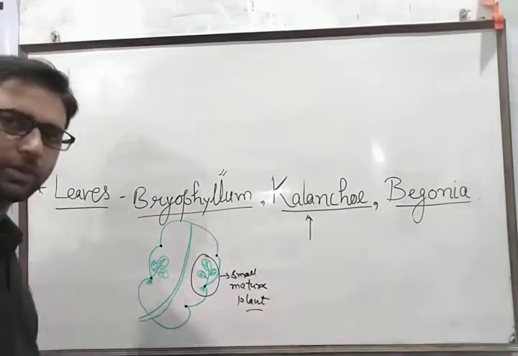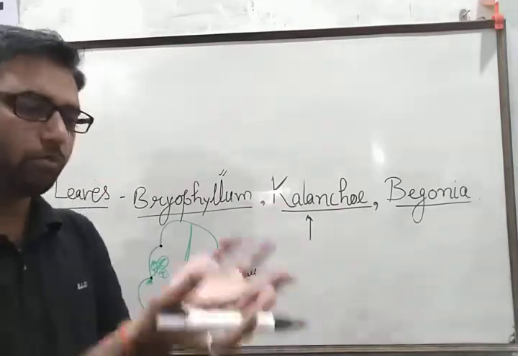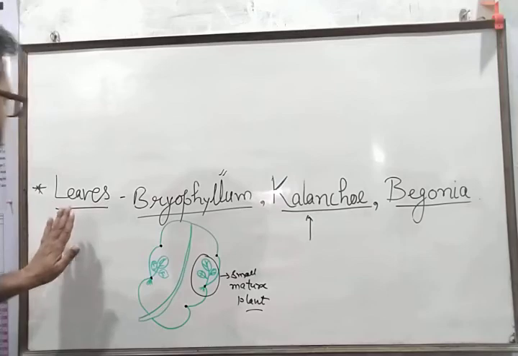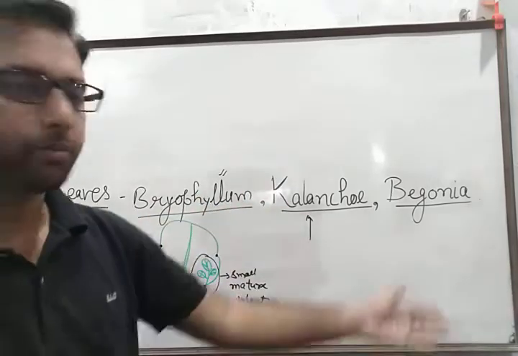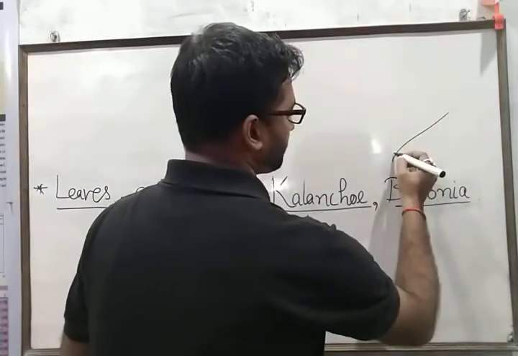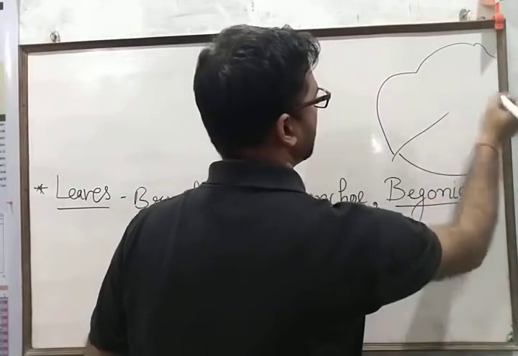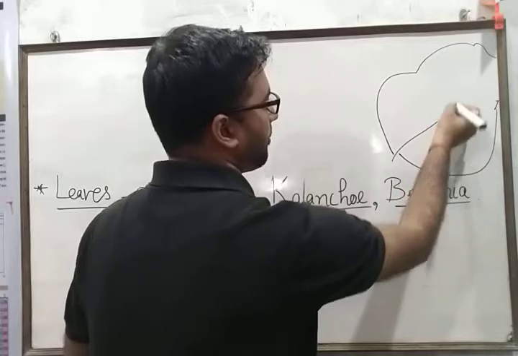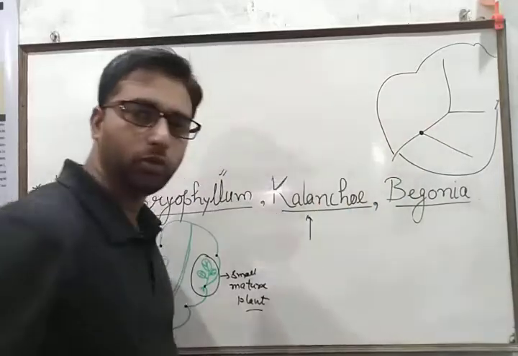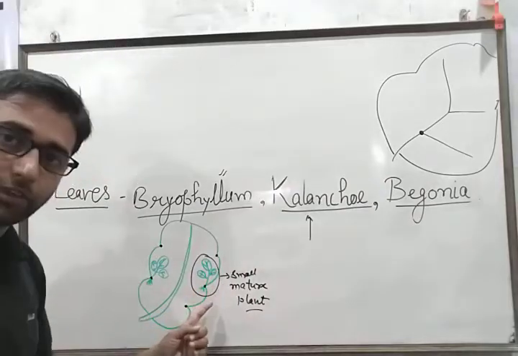The structures are similar to the Bryophyllum leaf, but the margins are more serrated, more grooved than the Bryophyllum. Now another example in this section, that is leaf, is Begonia. Begonia is particularly different from this structure because this leaf is palmately compound, and when veins are divided at different positions, they provide a groove-like structure, a node or internode-like structure, and at the surface of that leaf, not at the margin of the leaf.